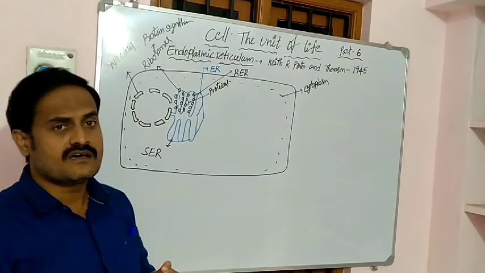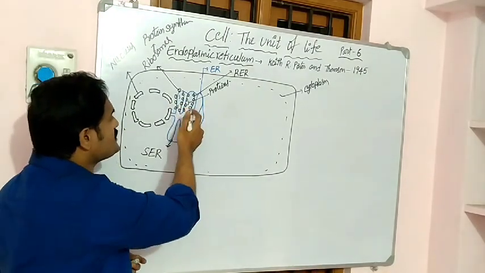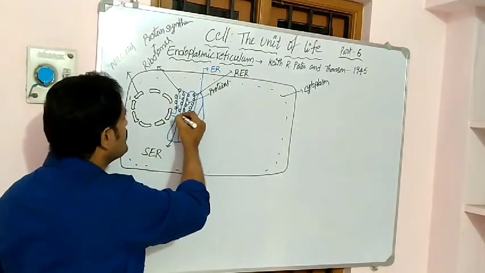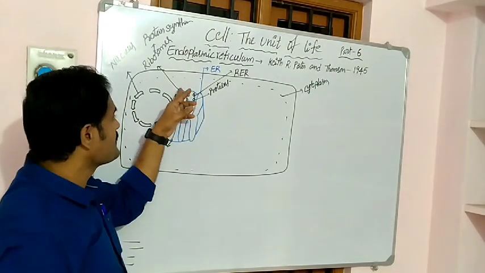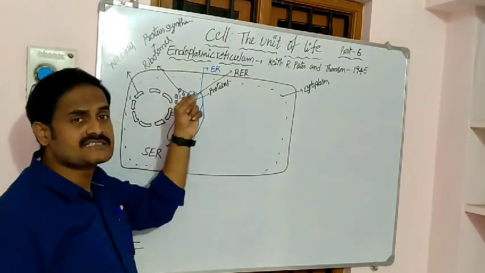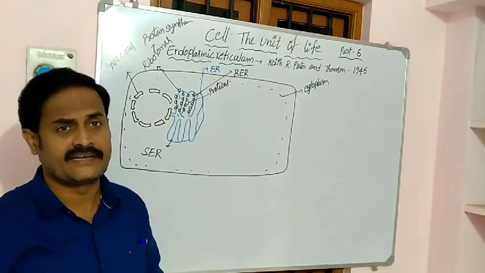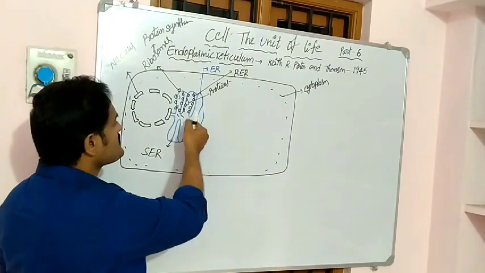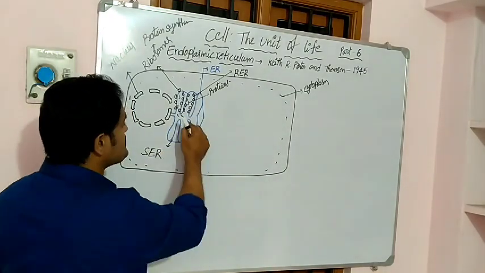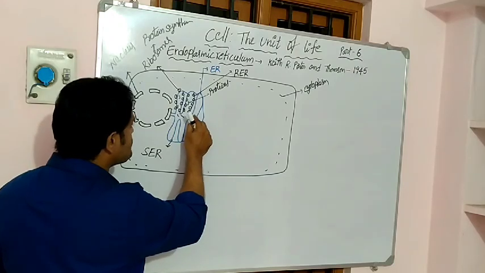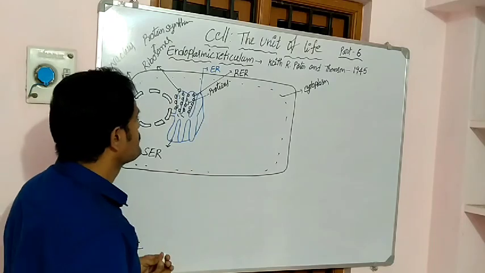These proteins come from the ribosomes and are released into the inside of the endoplasmic reticulum, into an empty space present inside it.